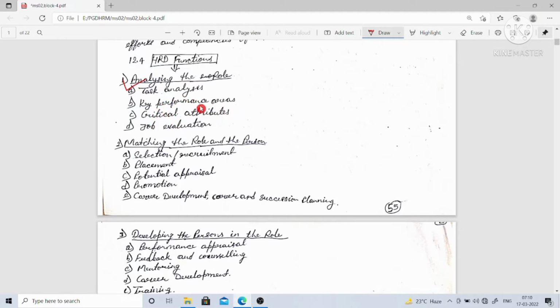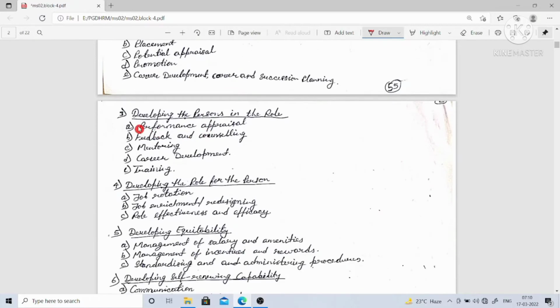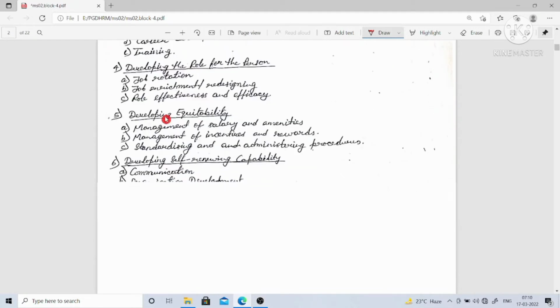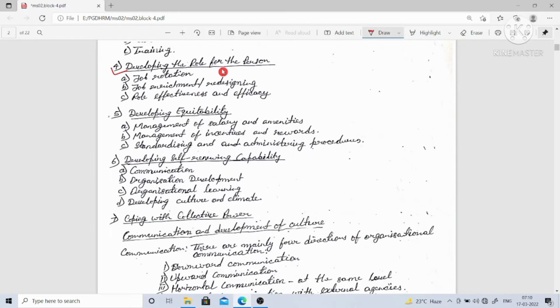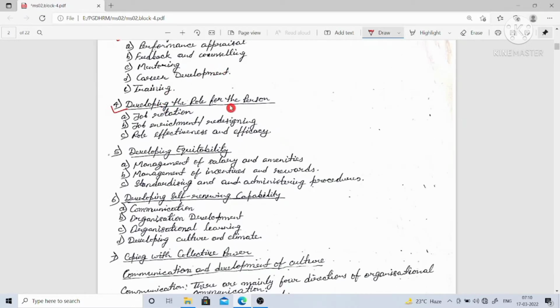These are all analyzed in analyzing the role. Second function is matching the role and the person. Third function is developing the person in the role. Fourth function is developing the role of the person.